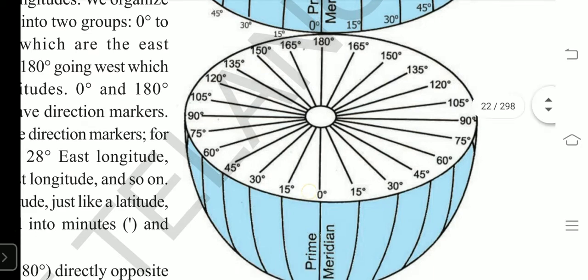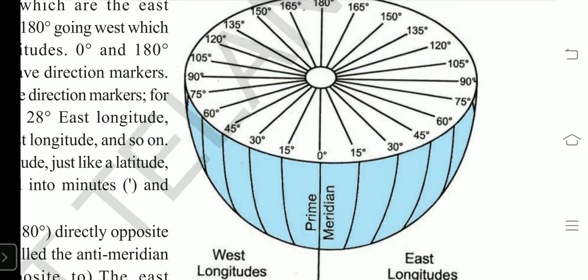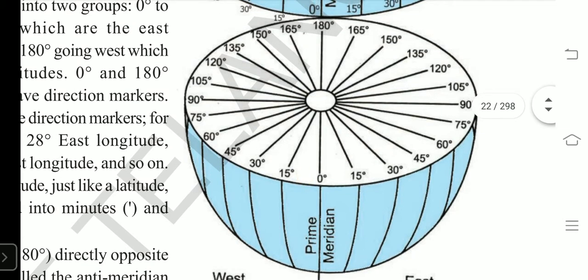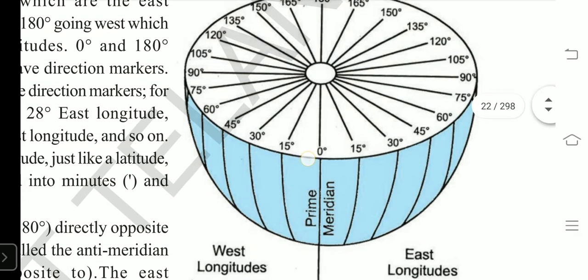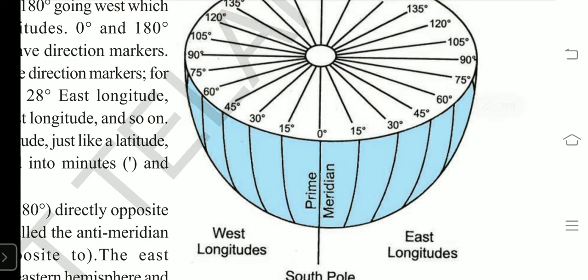These are semicircles, we call longitudes semicircles, and latitudes are called circles, right? And here we see that as Earth rotates from west to east, longitude indicates the time.